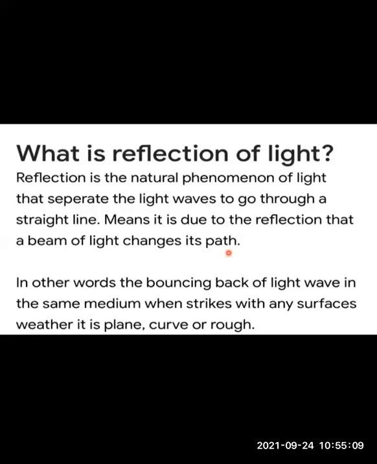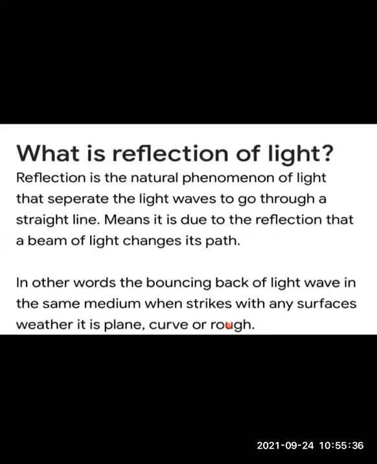In other words, it is the bouncing back of a light wave in the same medium when it strikes any surface, whether it is plain, curved, or rough. Light has a tendency to bounce back, regardless of the nature of the surface. The surface can be plain, curved, or rough.